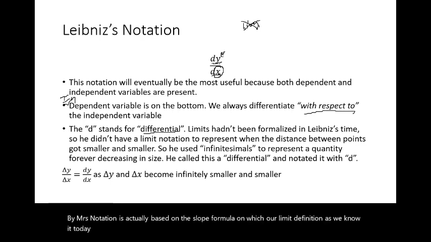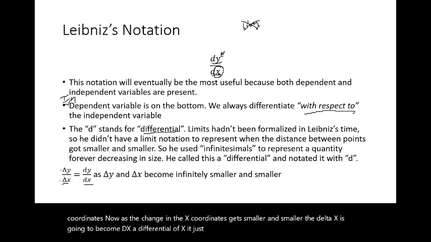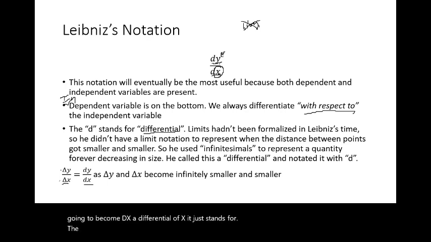Slope formula is the change in y coordinates divided by the change in x coordinates. Now, as the change in the x coordinates gets smaller and smaller, the delta x is going to become dx, a differential of x. It just stands for the x coordinates getting closer and closer together. And as delta x becomes dx, delta y, the change in the y coordinates, becomes the derivative of y, which is dy.